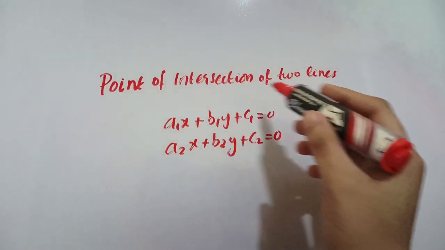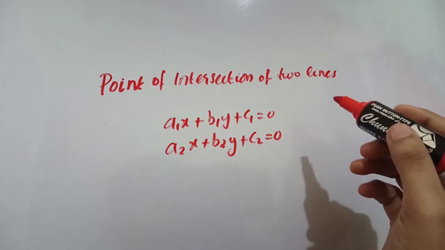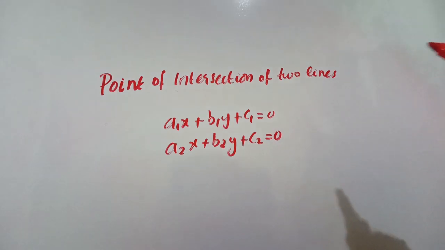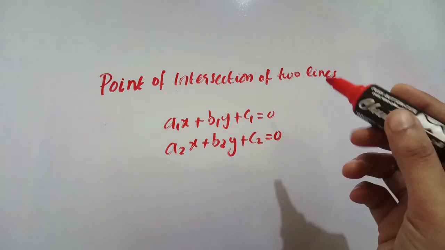Next topic, point of intersection of two lines. Let the equations of the lines be a1x plus b1y plus c1 is equal to 0 and a2x plus b2y plus c2 is equal to 0.